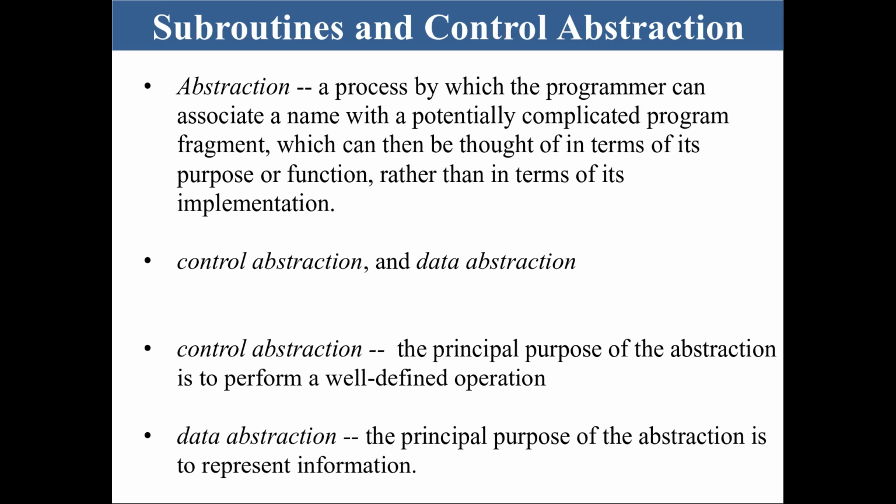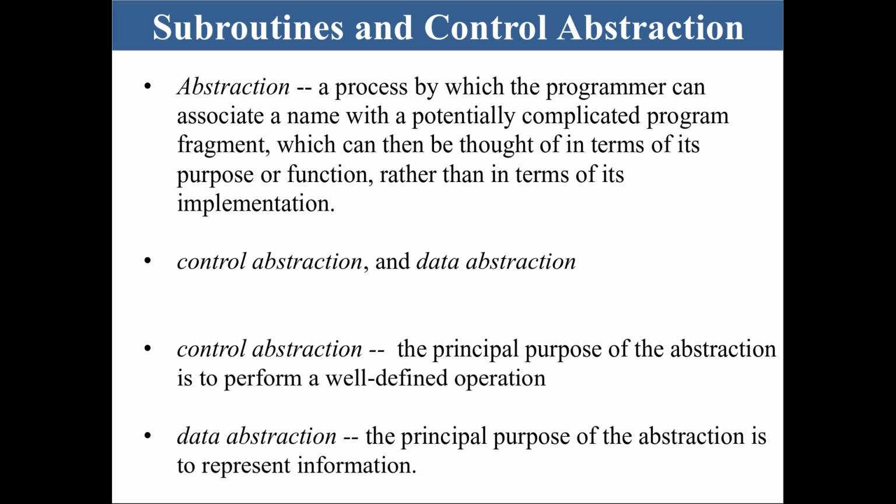First of all, we are discussing about abstraction and subroutines. Abstraction can be defined as a process by which the programmer can associate a name with a potentially complicated program segment. Here, the focus is on the purpose or function rather than its implementation.